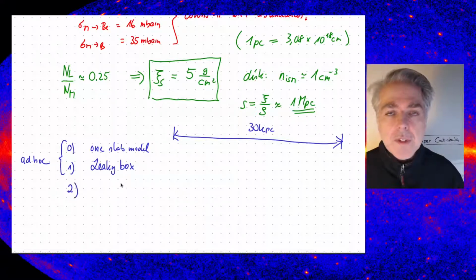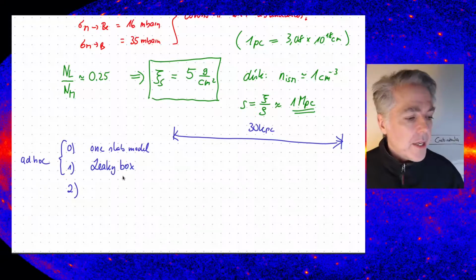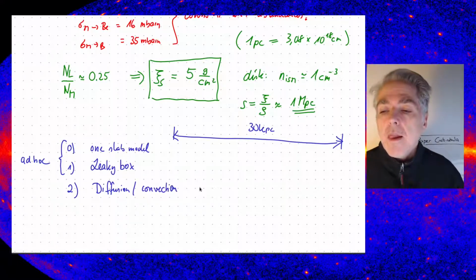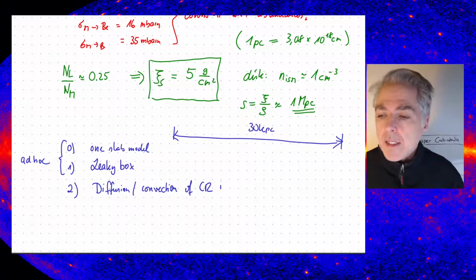Now, the more physical approach is to say that we have a diffusion zone and maybe also some convection of cosmic rays in the galaxy.